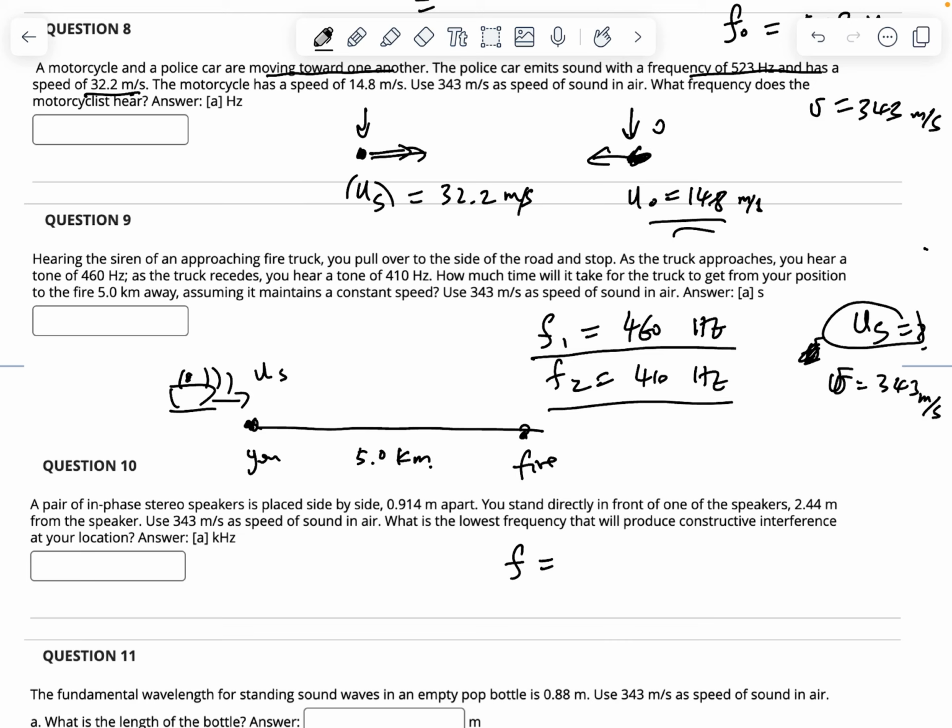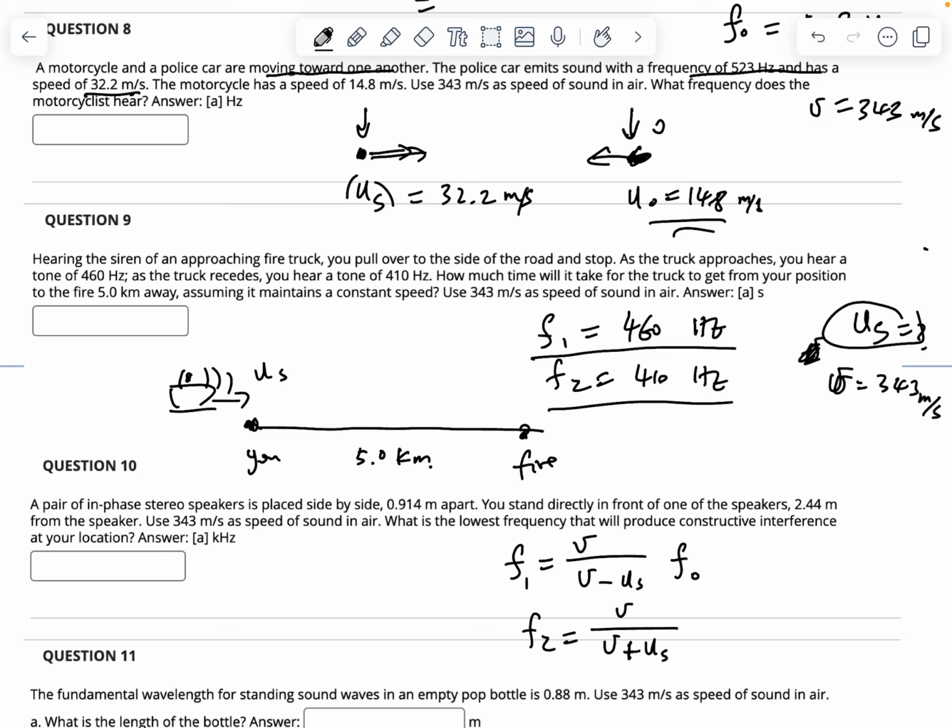You are stationary, so you don't have to adjust the top part. When the truck moves towards you, the bottom gets smaller, so the frequency is higher. So F1 equals V over V minus US times F naught. You don't know F naught. And F2 equals V over V plus US, when it moves away.